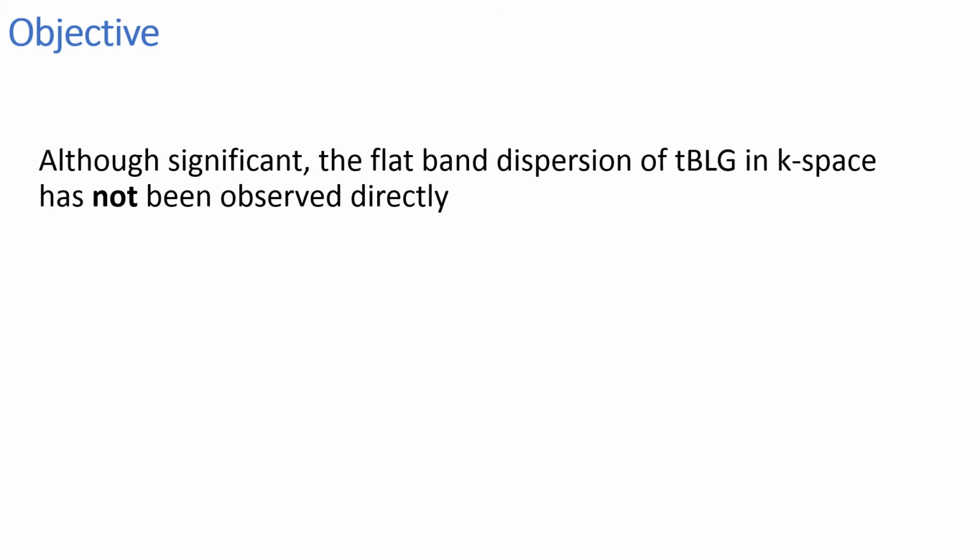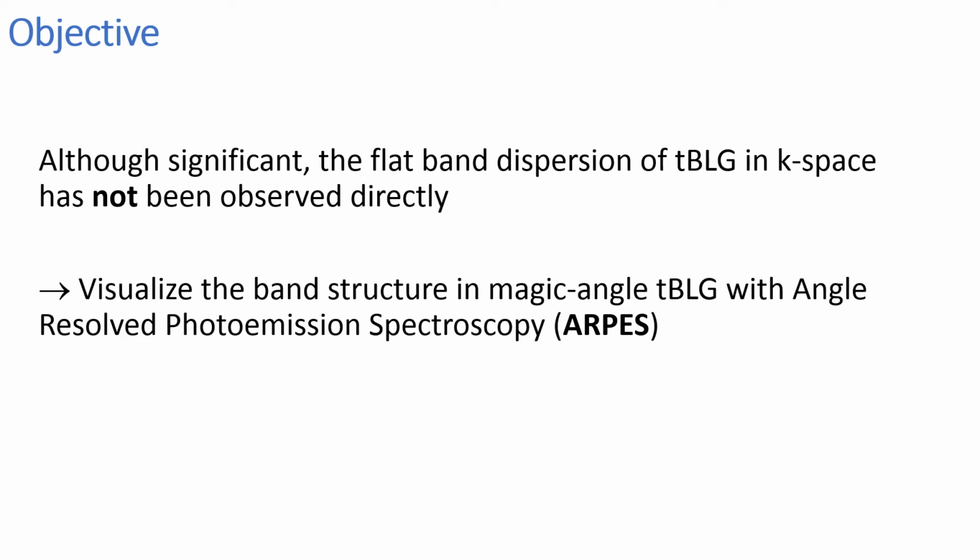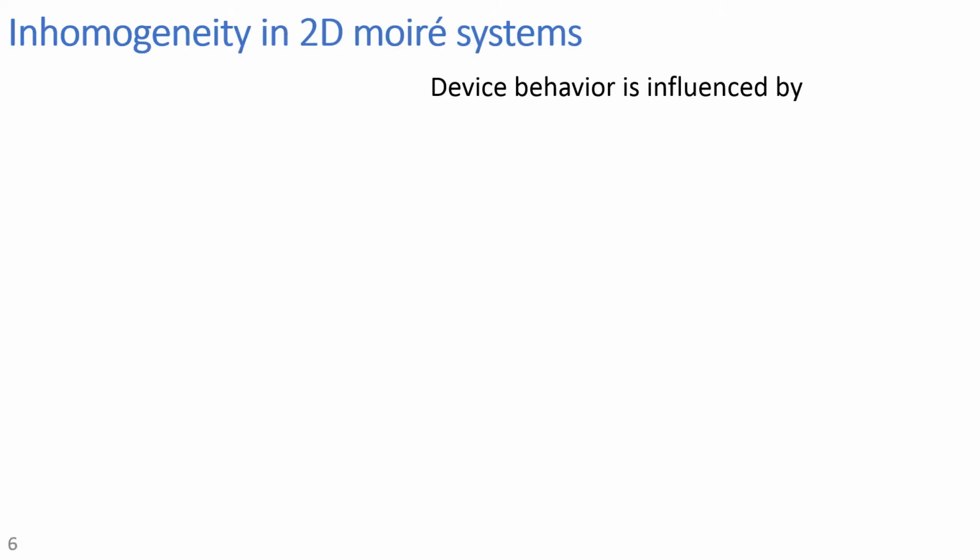Nonetheless, despite its significance, the dispersion of the flat electronic band in twisted bilayer graphene has not been observed directly. Therefore, to address this question, we performed angle-resolved photoemission spectroscopy measurement in order to observe the band structure of the twisted bilayer graphene. One thing to point out, however, is that there are issues about reproducing the detailed properties of the ground states that emerge, particularly due to structural issues in the fabricated samples.